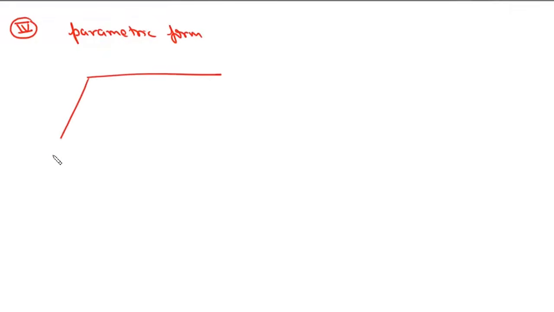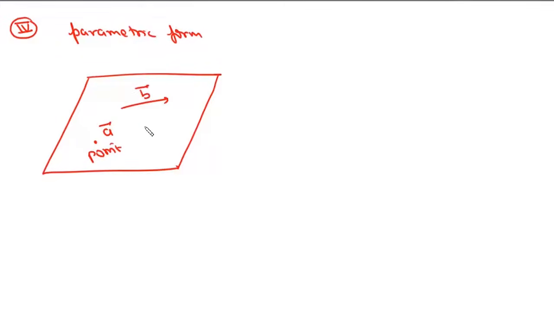Now if we have a plane which passes through a point, say A, and then we have two parallel vectors in the plane, say B and C, then one way of writing this equation is (R minus A) dot (B cross C) equals 0, which is basically our shortcut in the third equation.